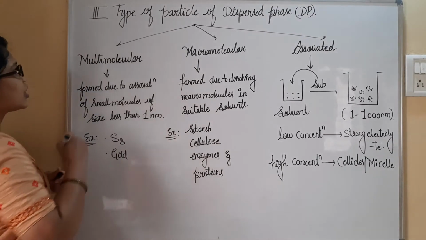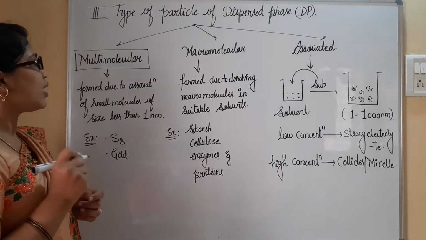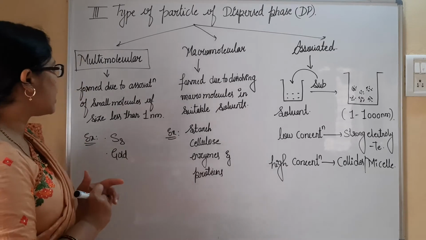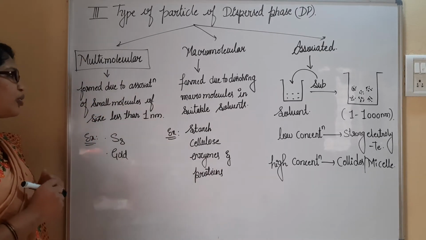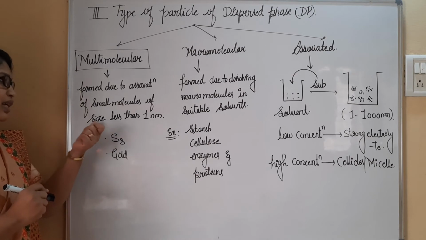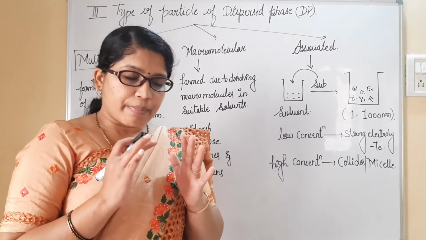The very first one is said to be multimolecular colloids. Multimolecular, in the sense, we can write here that these are formed due to association of small molecules of less size. Size is less than 1 nanometer.